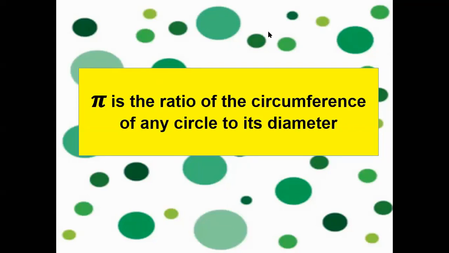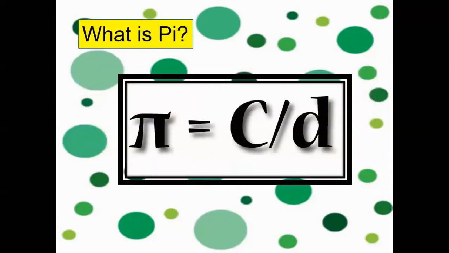Okay, so pi again is the ratio of the circumference of any circle. What is pi? Pi equals the circumference over the diameter. Pi is a recurring decimal.